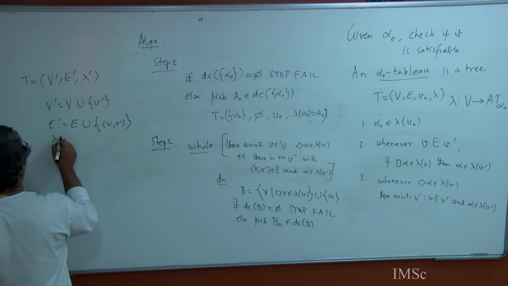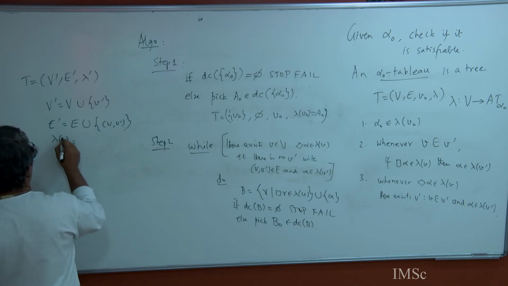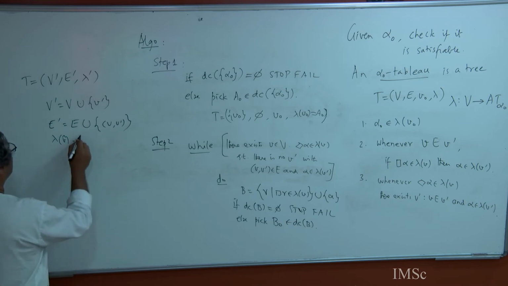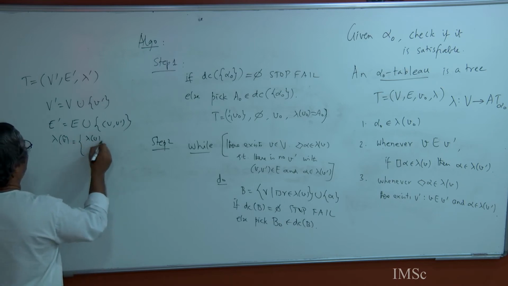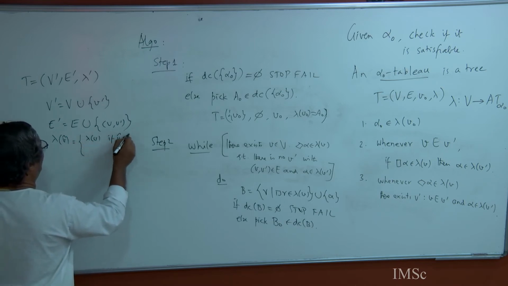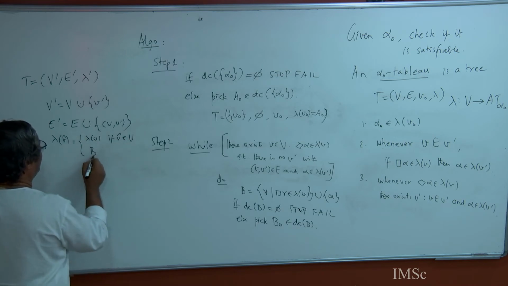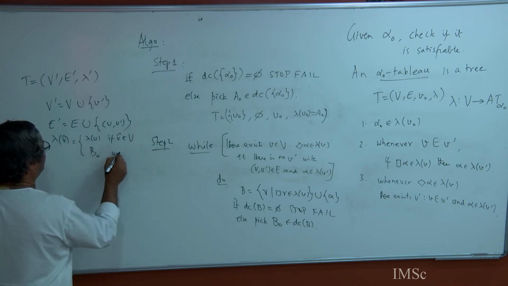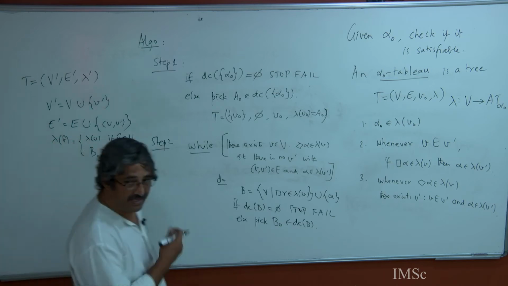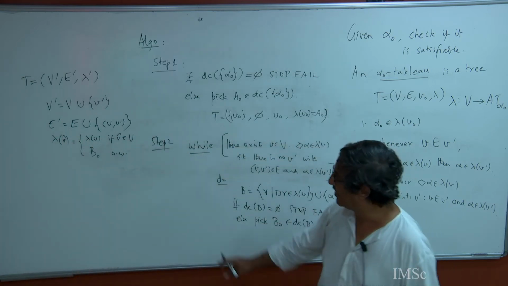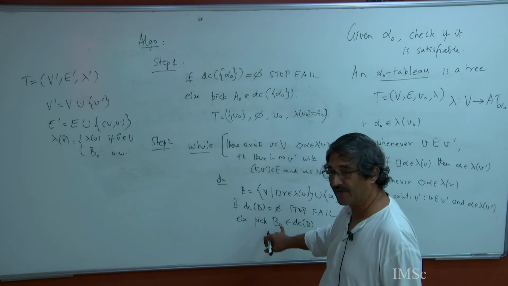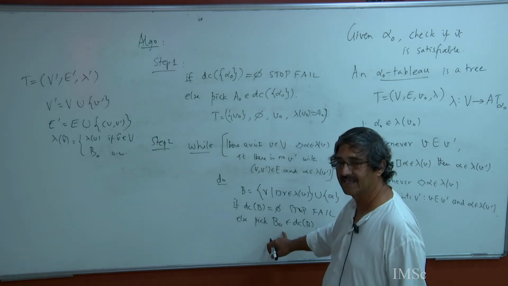and lambda prime of V hat equals lambda of V if V hat belongs to V, and in the particular case of the new node it's B naught. Right? So there is only one new element added. For that, the label is B naught, which we have fixed.